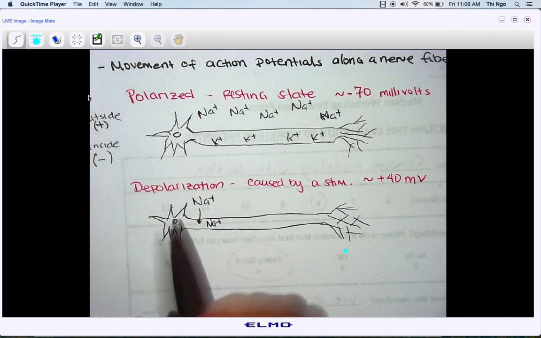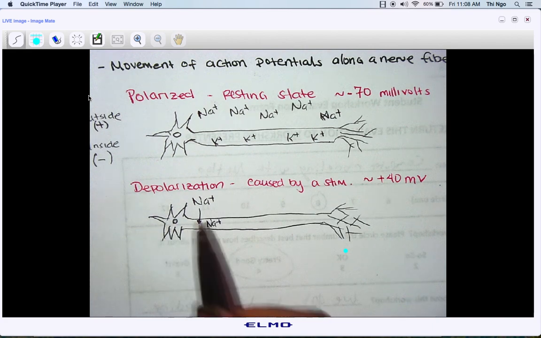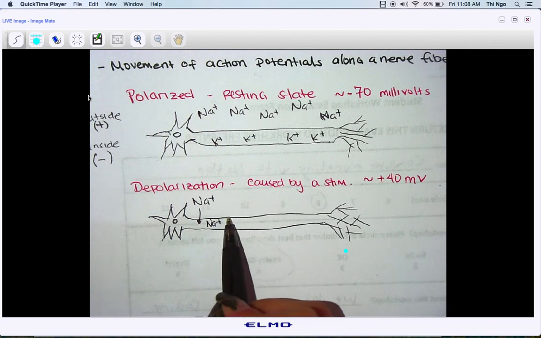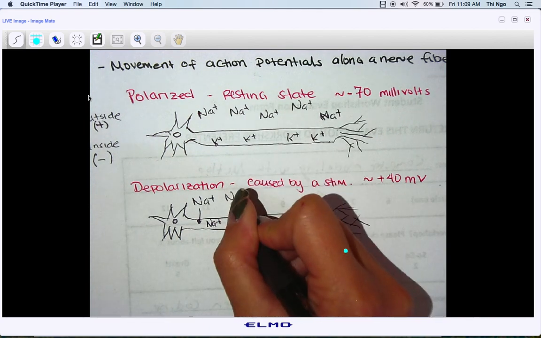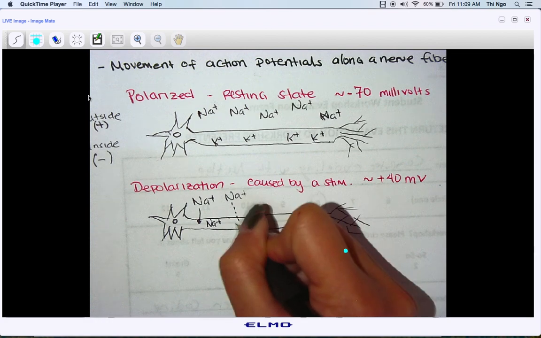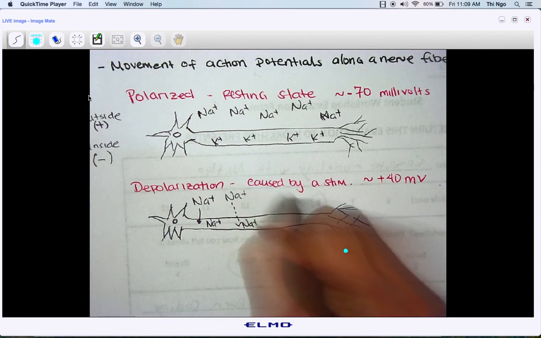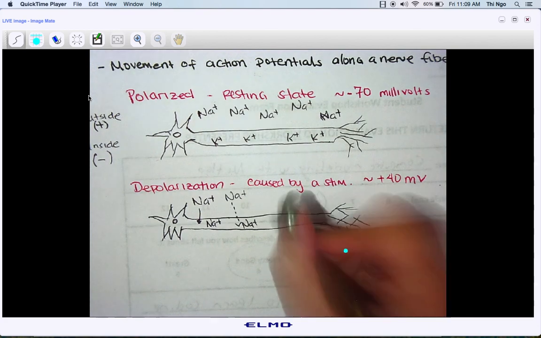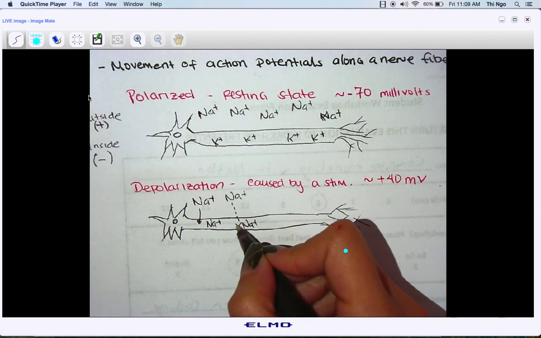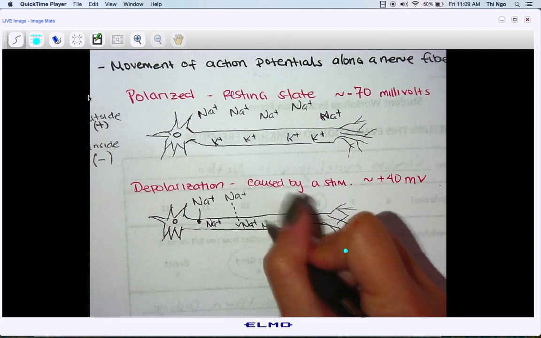If enough sodium comes into that first channel, it'll cause a channel a little farther down to open as well. If this sodium channel opens too, then we're going to have more sodium enter into the cell. And we're going to have enough sodium here, the next channel will open and more sodium will come in.